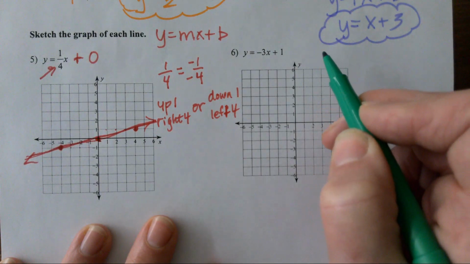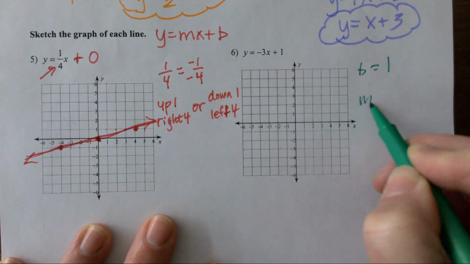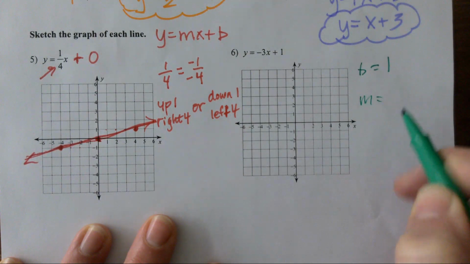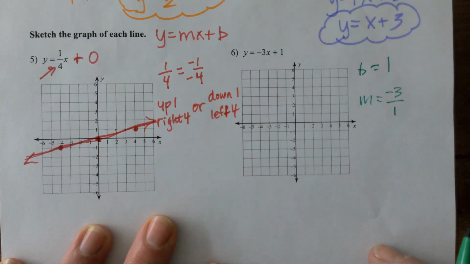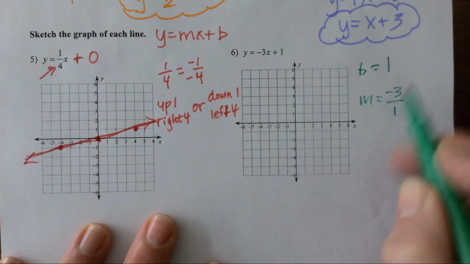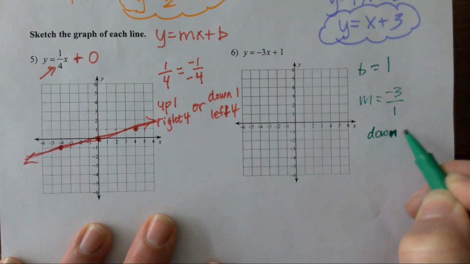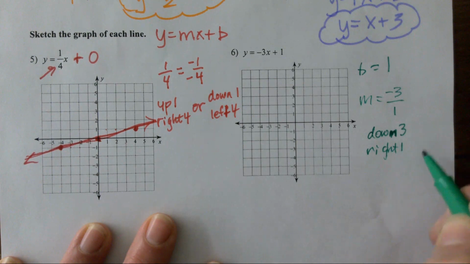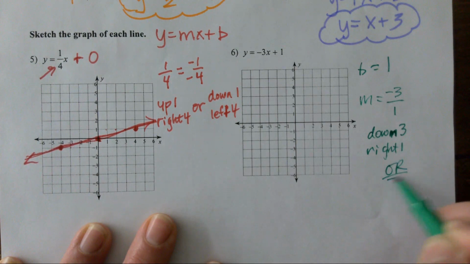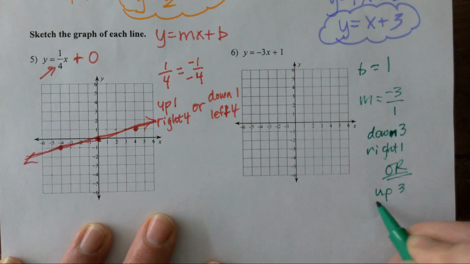What's B? 1. What's M? Negative 3. I put it negative 3 over 1, right? Any whole number goes over 1. That helps me graph this. This means I'm going to go down 3, right 1, or up 3, left 1.